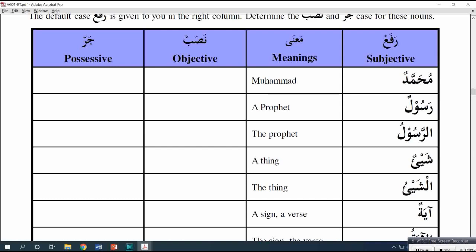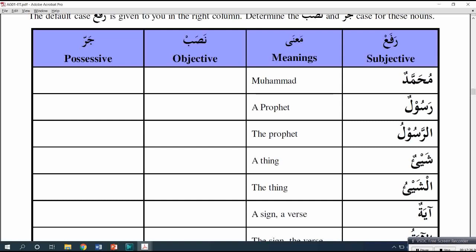Possessive means Rasulin. If you add alif lam, meaning a special prophet, then in subjective, in rafa, it is ar-rasulu, in objective or nasb it will become ar-rasula. If possessive it will become ar-rasuli, like this.